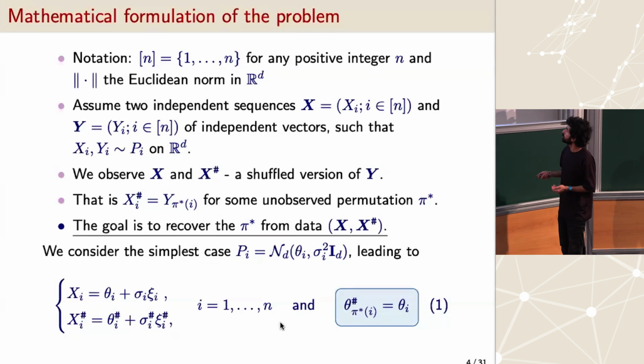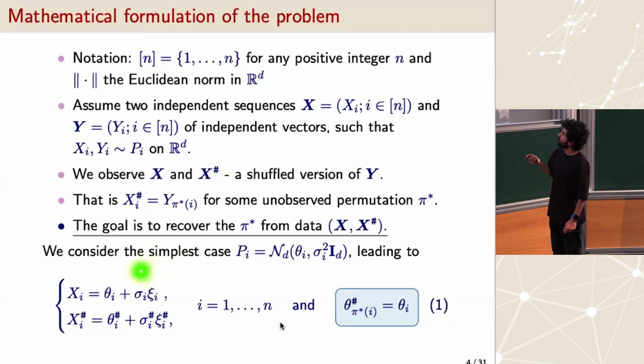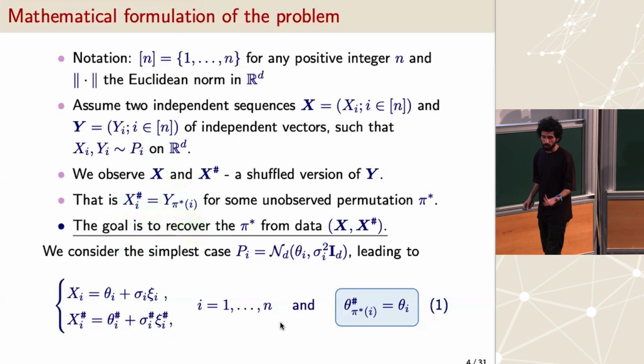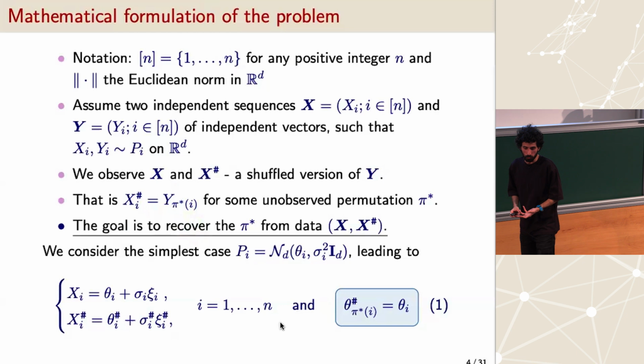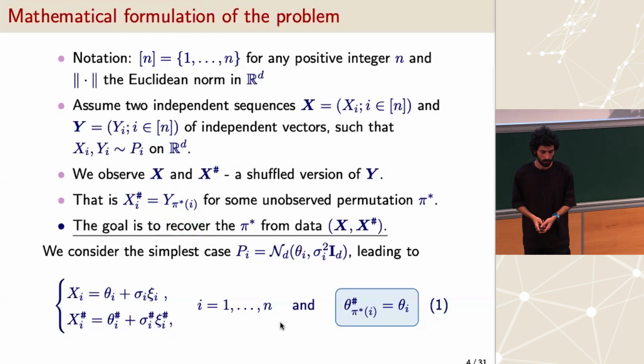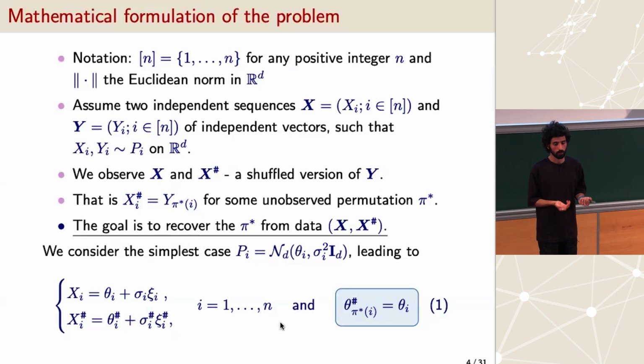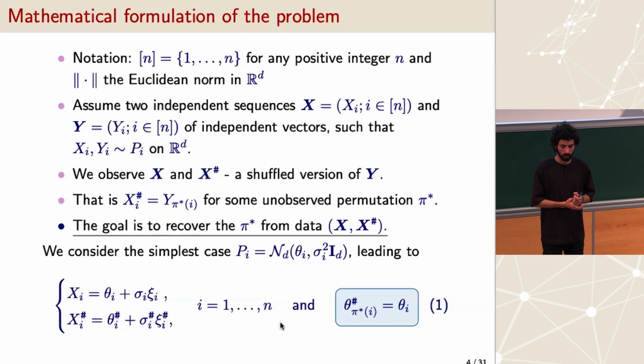In other words, we have this relation that X'_i equals Y_{p*(i)}, where p* is the unknown permutation that we are interested in recovering. So the goal is to recover this p* from the observations that we have.